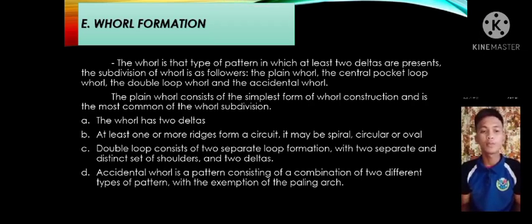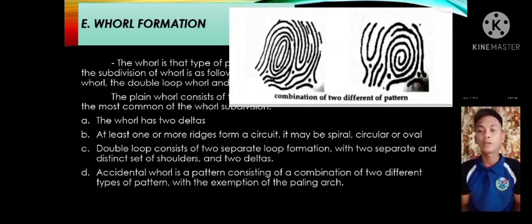Combination of two different types of pattern. Whorl accidental, a type of print pattern consisting of a combination of two different types of patterns with two or more deltas, or a print pattern type that possesses some of the requirements for two or more different types of patterns.